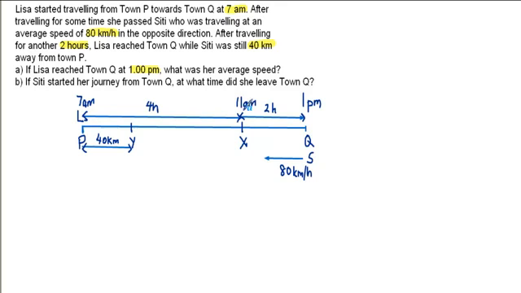And while Lisa traveled from X to Q, and she took 2 hours, Cici was traveling from X to Y, and she also took 2 hours. So this would be 2 hours too, for Cici.